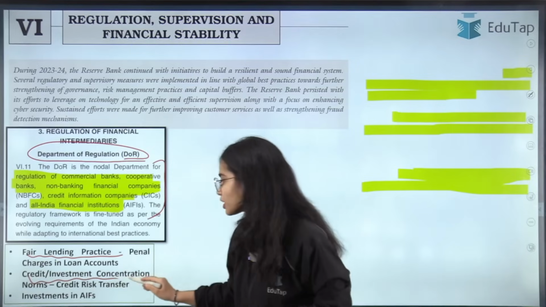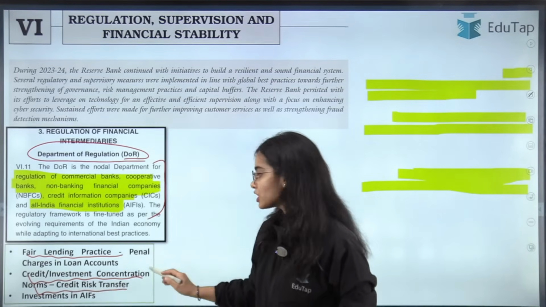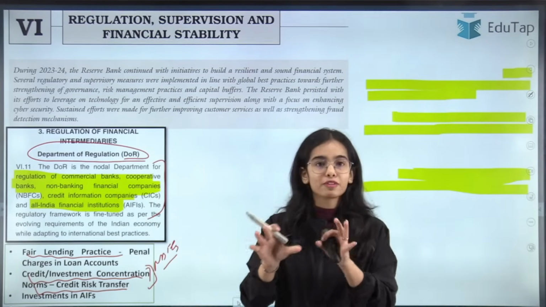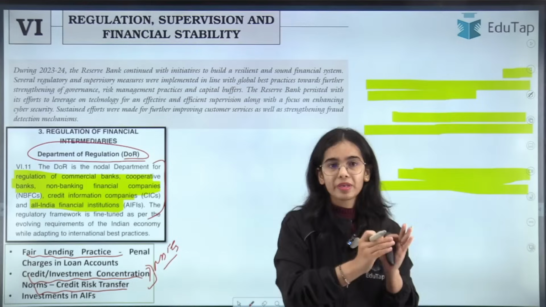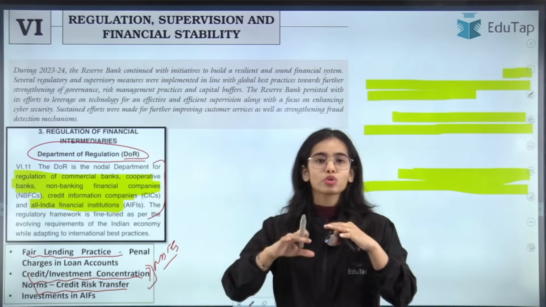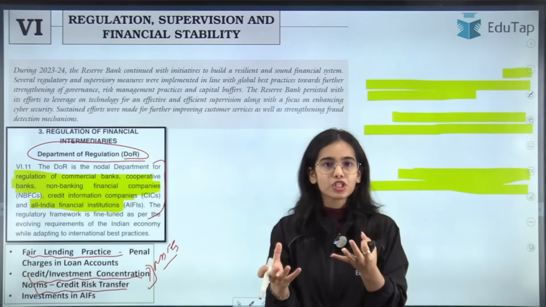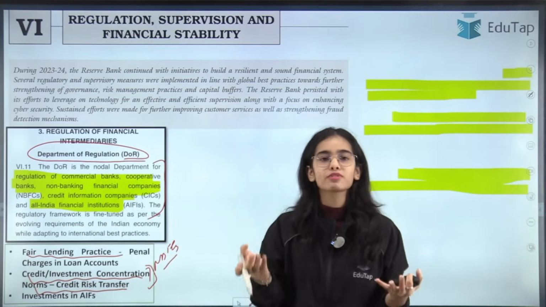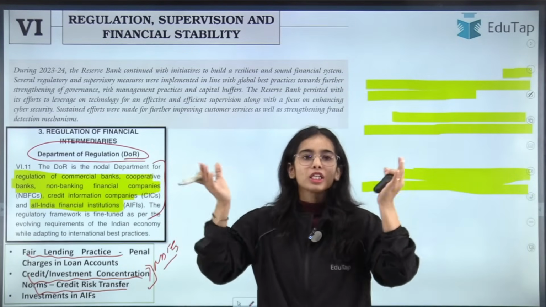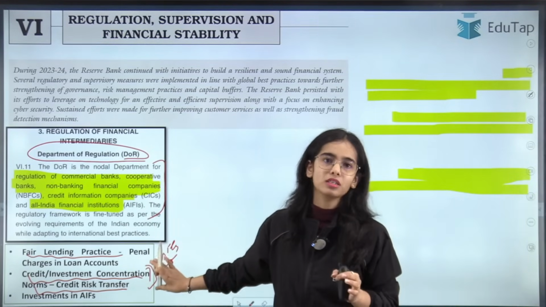The credit investment concentration norms, credit risk transfer. So this was brought for the NBFCs to make the norms somewhat similar for the NBFC in the middle layer, in the base layer and in the upper layer. So to normalize some of the rules for the NBFC upper layer and the NBFC middle and base layer, there were norms brought by the RBI.